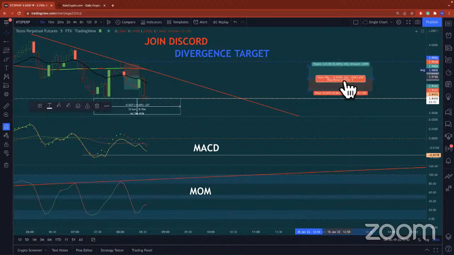I just have it right here just to get it ready, because if we do jump down there real quick, we will take a small position, a quarter position in there.